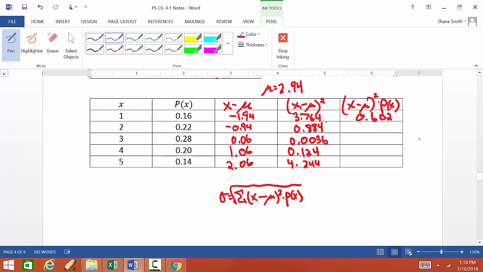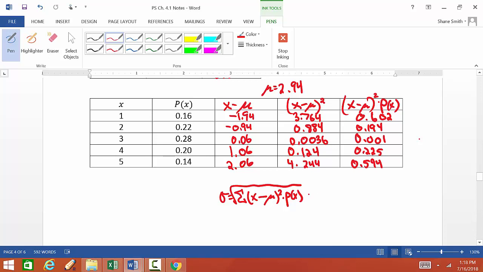Okay, 0.22 times 0.884 is 0.194. 0.28 times 0.0036 rounds to 0.001. 0.20 times 1.124 is 0.225. And then finally, 0.14 times 4.244 is 0.594.